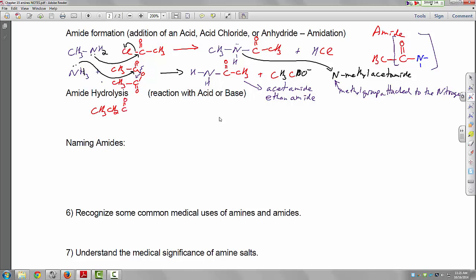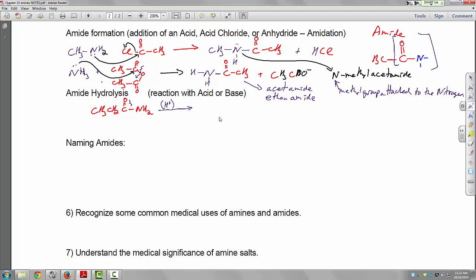That would be propanamide. And if I hydrolyze this with acid, so by the way, amides are also much sturdier than esters, so you can hydrolyze these, but it takes usually a little bit harsher conditions, higher concentrations, higher temperatures, longer period of time.